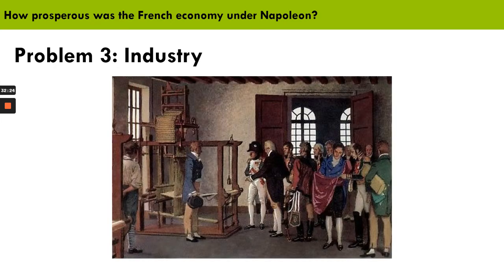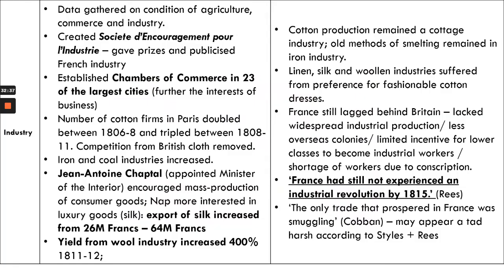Coming on to industry, which is pretty complicated. You can see him here looking at some new technological machines. I think it's a silk weaving machine, which he was very interested in. So he was very keen to modernise. He had lots of data gathered on agriculture, commerce and industry.